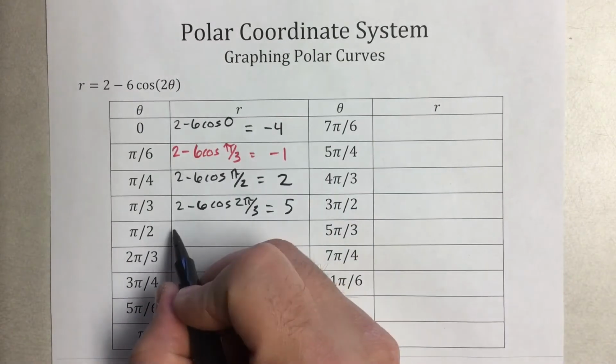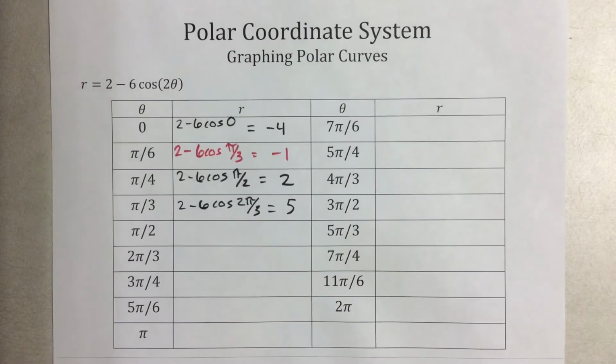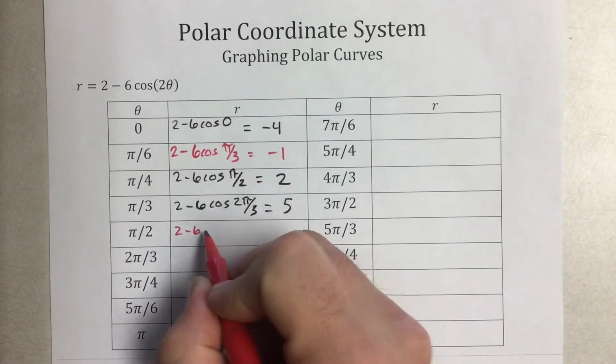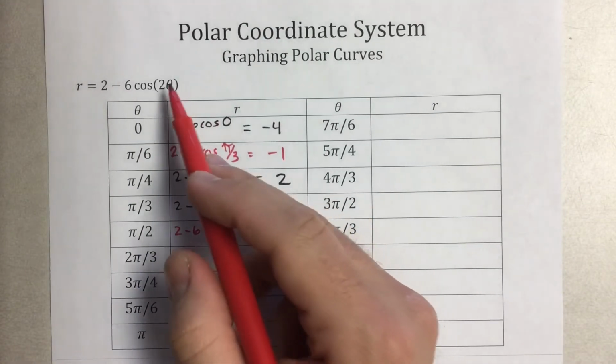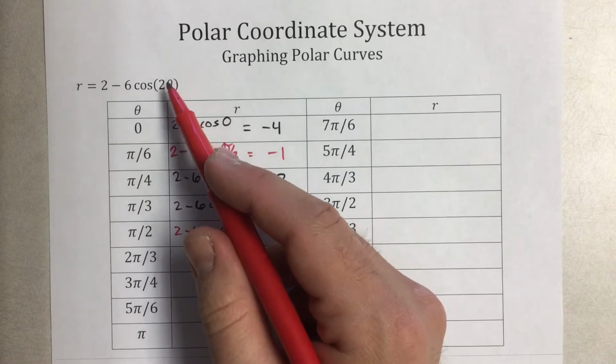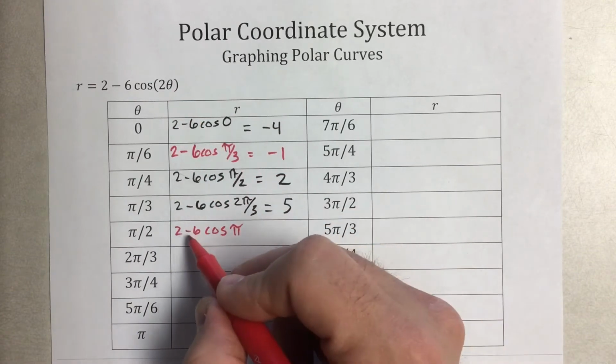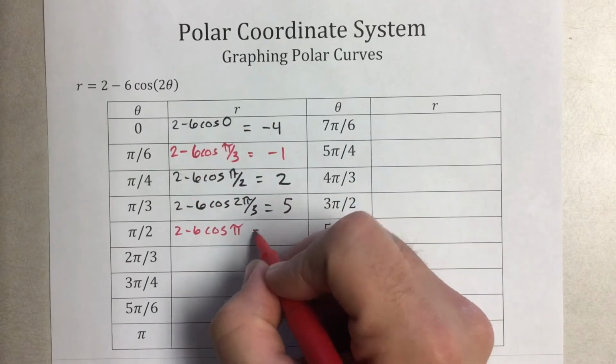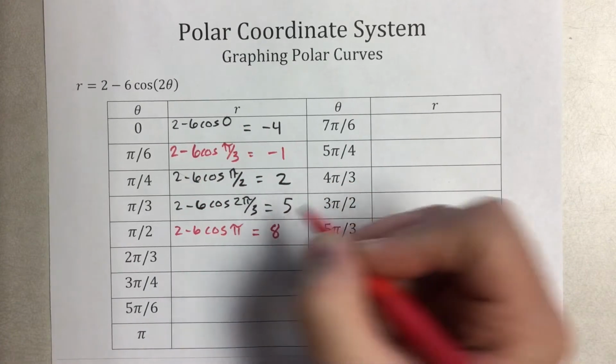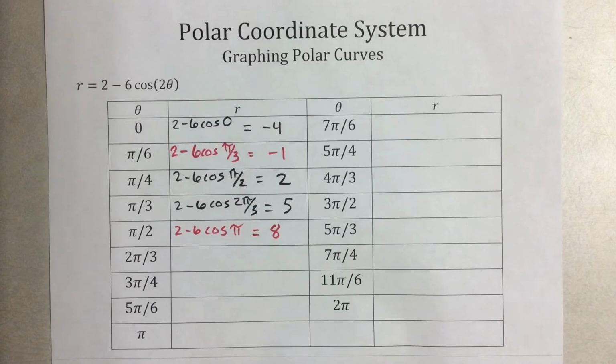And then say pi over 2, we get 2 minus 6 cosine, and if I multiply pi over 2 by 2, that's just pi. Cosine of pi is negative 1, so negative 6 times negative 1 is positive 6, and 2 plus 6 is 8. I'm going to go through the rest of this, guys.